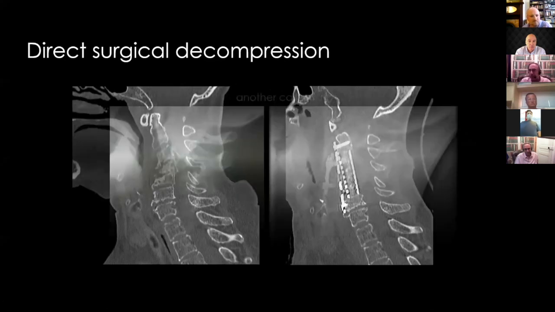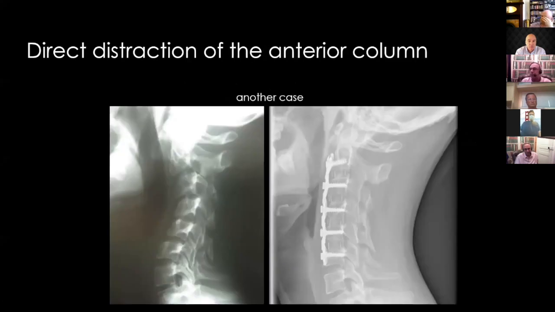Next, correction is gained anteriorly through a direct destruction of the anterior column with the use of cages. And the use of cages is more efficient than correction gained by leverage through pedicle or lateral mass screws exerted from the posterior.